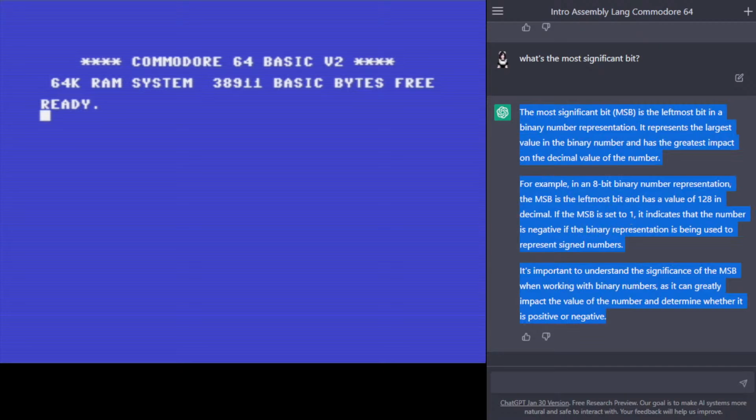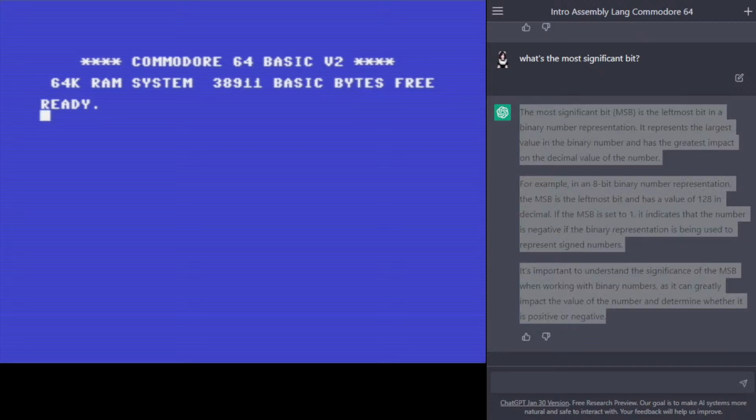The most significant bit, MSB, is the leftmost bit in a binary number representation. It represents the largest value in the binary number and has the greatest impact on the decimal value of the number. For example, in an 8-bit binary number representation, the MSB is the leftmost bit and has a value of 128 in decimal.